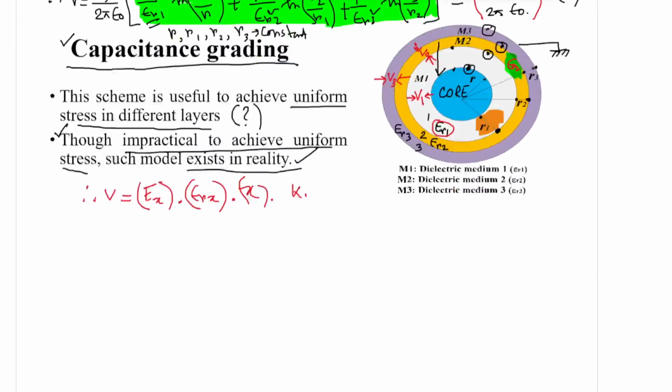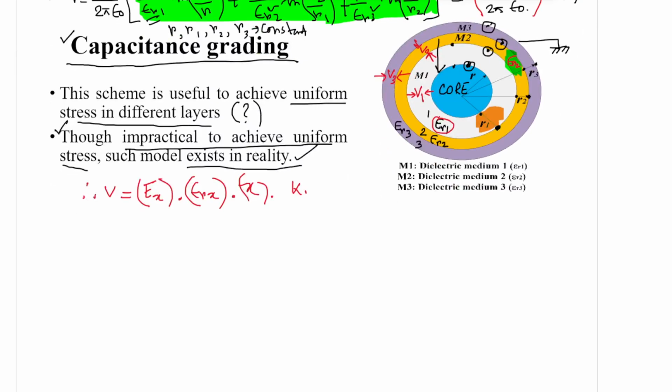So from there, Ex should be equal to V by K, which is constant and will not create any impact. Then we shall have epsilon rx, and lastly we have x.